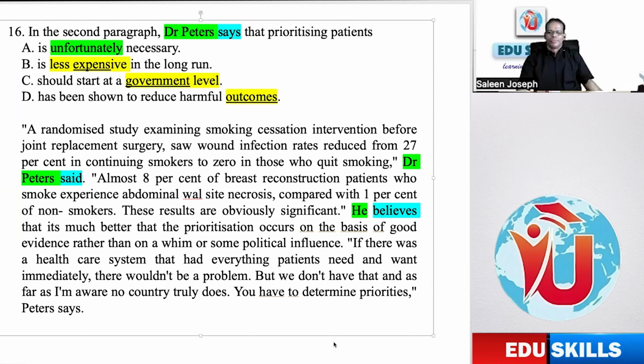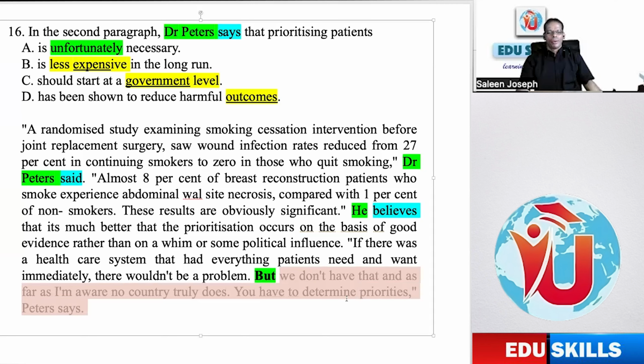Prioritization occurs on the basis of good evidence rather than on a whim or some political influence. If there was a healthcare system that had everything patients need and want immediately, there wouldn't be a problem. But is a contrast word. If there is a contrast word, the answer must come after it. So you have to look here. Do you have anything synonymous? We don't have that, and as far as I am aware, no country truly does.